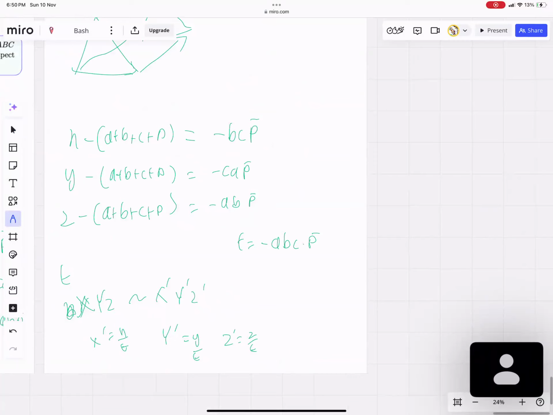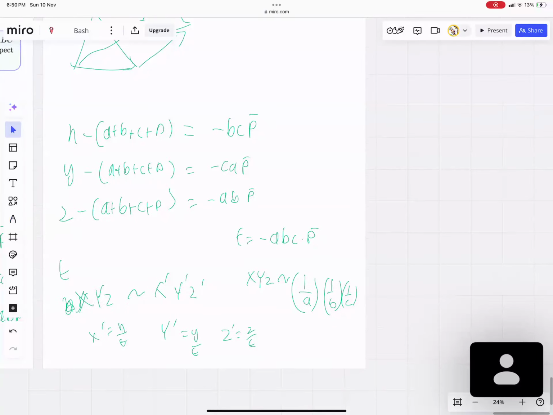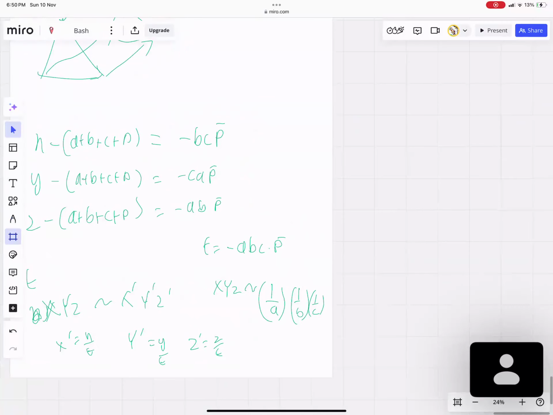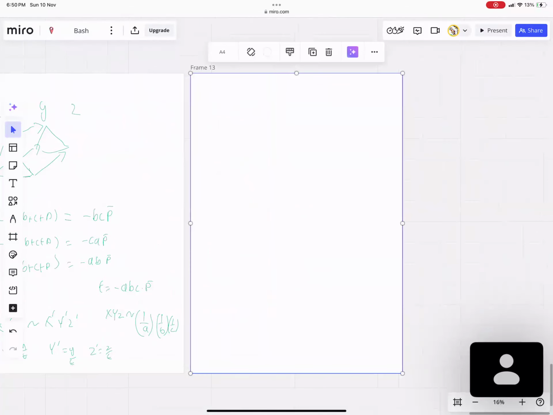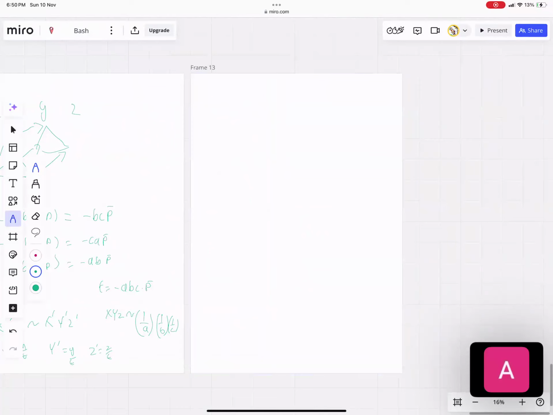What does this give us? We get that x, y, z is similar to the triangle of 1 by A, 1 by B, and 1 by C. Now, what do we know about 1 by A? It's a conjugate. Yeah. So we have that x, y, z is similar to the conjugates; this is not exactly the best notation to use, but yeah.